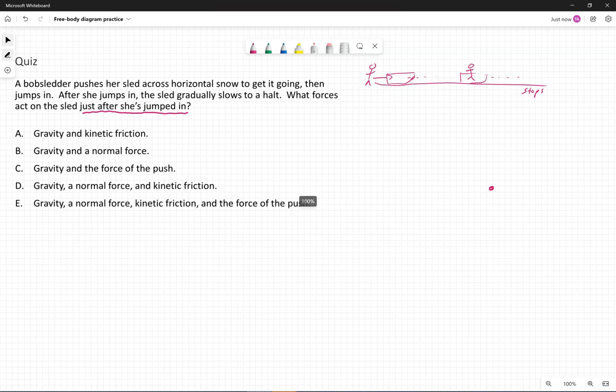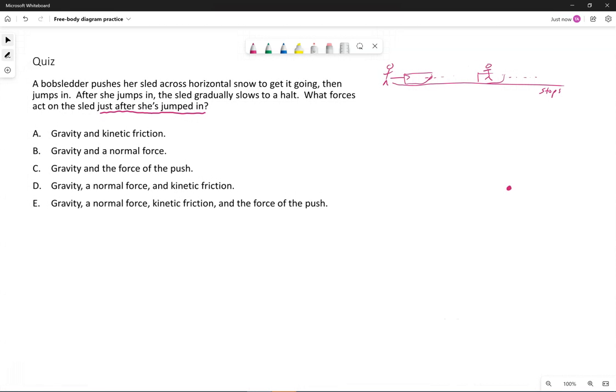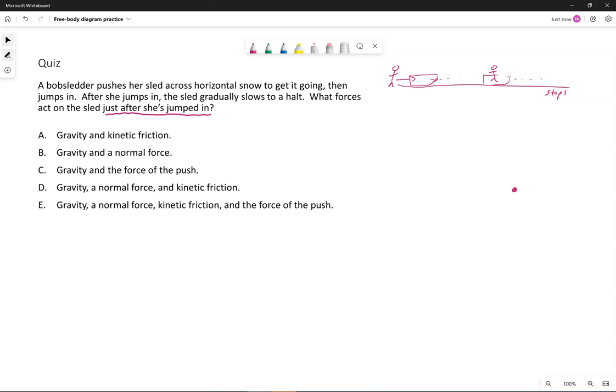So I'm going to draw the dot that represents her in the bobsled because the problem is asking us about after she's jumped in. So the sled, of course, experiences the pull of gravity. Now, this pull of gravity would be on the combination of her and the sled, but we can allow that dot to represent her in the sled because they're moving together.